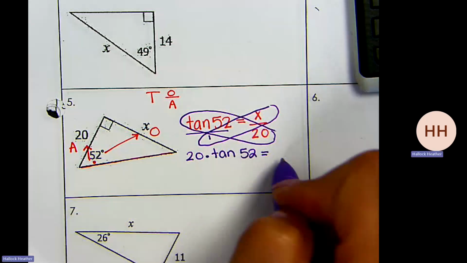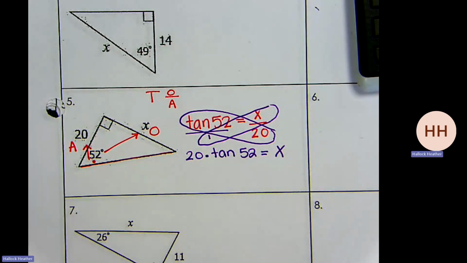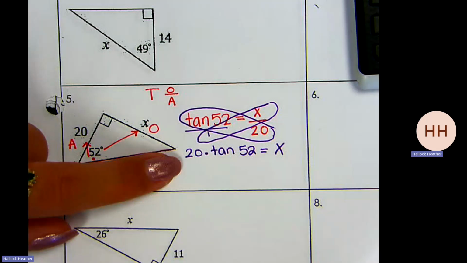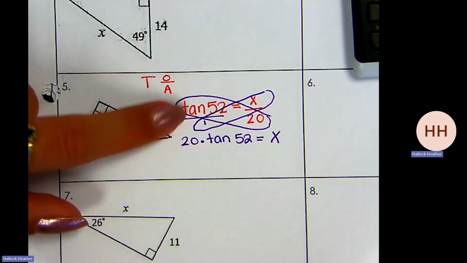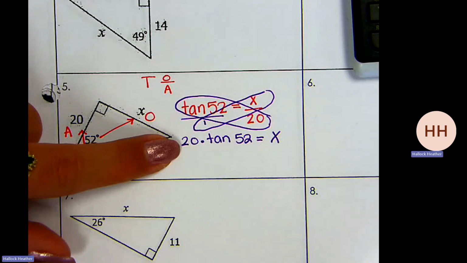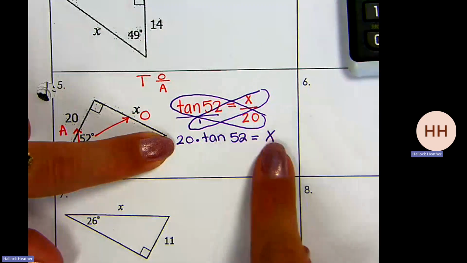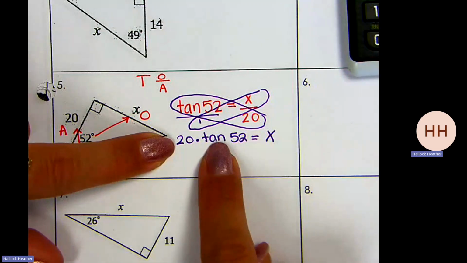And as you get good at these, you'll realize where you can kind of combine steps, which is fine. But you need to at least show this first part. So I have 20 times the tangent of 52. This is where X is already by itself. So all I have to do is multiply, which is nice.